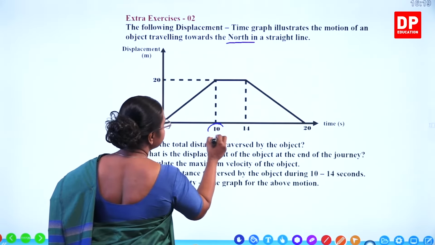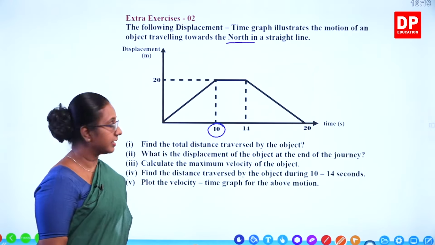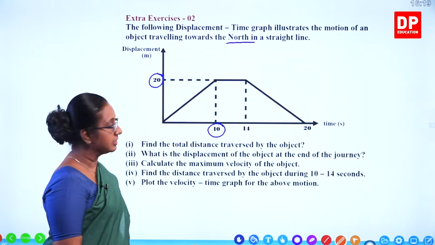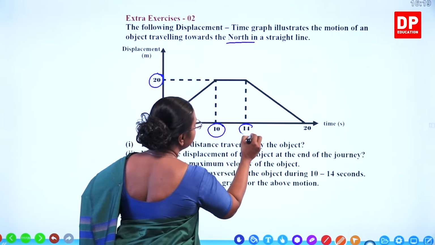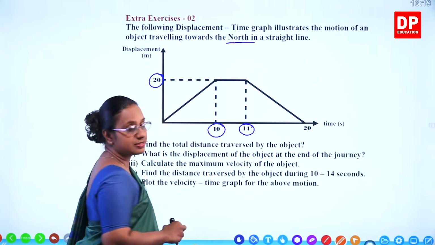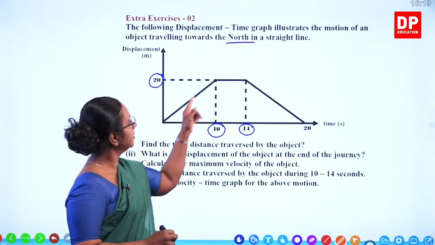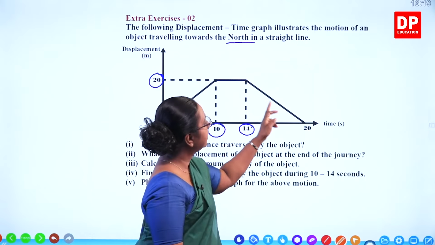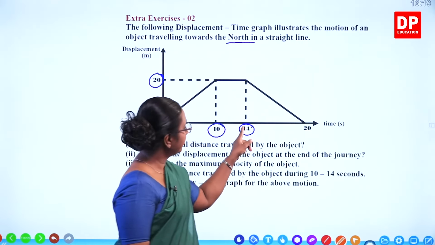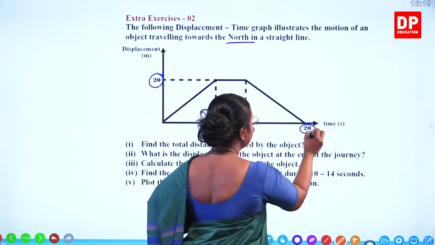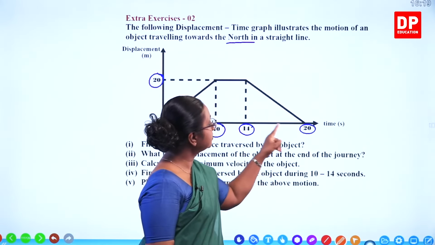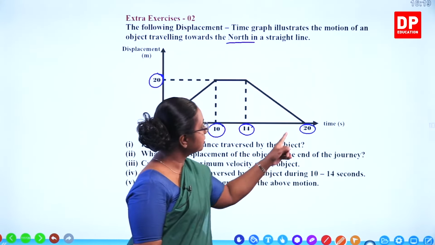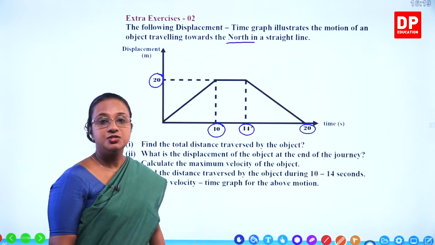And at the end of 10 seconds, the object is displaced to 20 meters. And then until 14 seconds, the displacement is the same. So, there the object is not moving. It is at rest. And finally, it takes another, if you take the difference, 20 minus 14, so another 6 seconds to come back to the initial position. That is why again the displacement is 0.